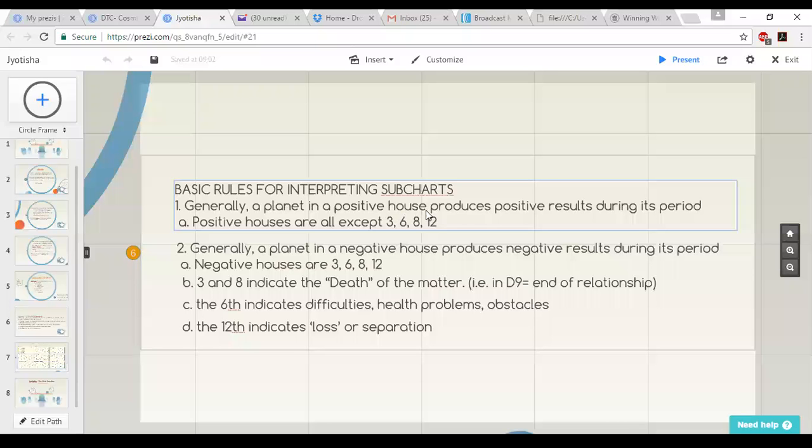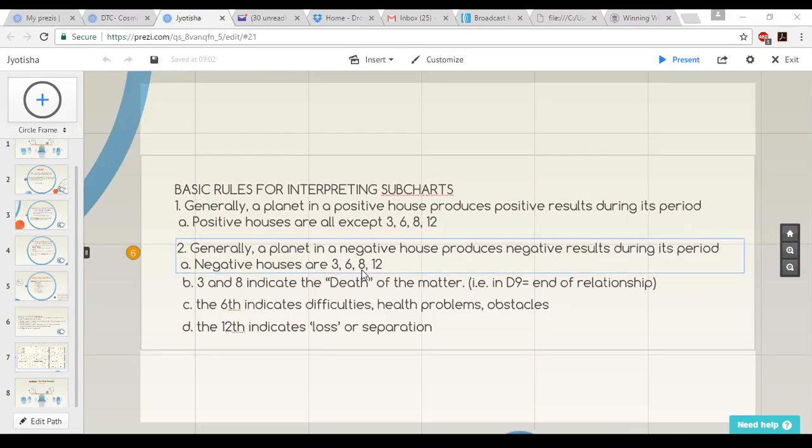Generally, a planet will give positive results if it's anywhere except 3, 6, 8, or 12. And we saw that Saturn was in 6, but the moon was not. So we can expect much more positive results for that person's moon when they run the moon period. Then a planet in a negative house produces negative or undesirable results during its period.